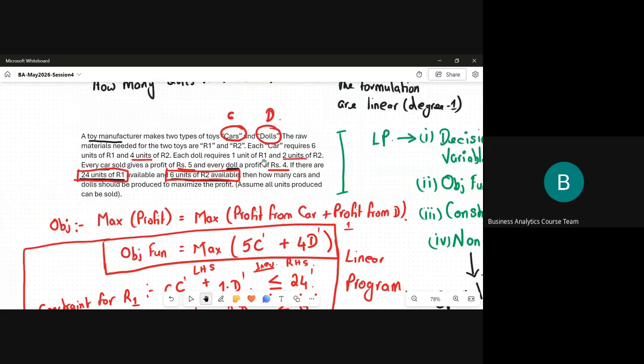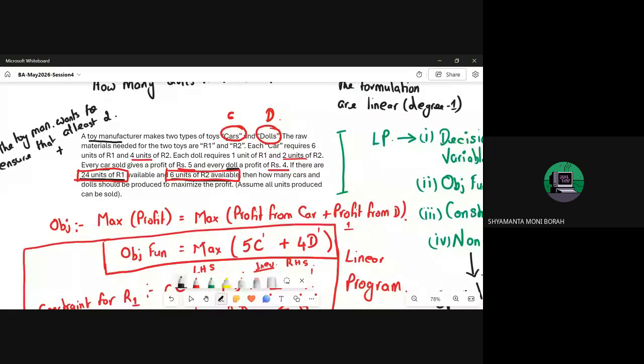This is the problem. Let's say to this problem, I add one more statement. The toy manufacturer wants to ensure that at least a minimum production of cars is made.